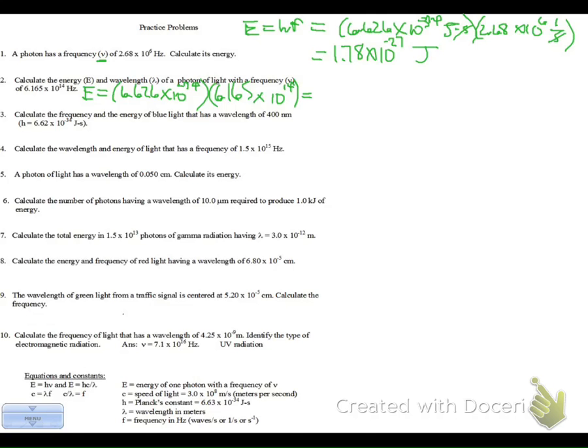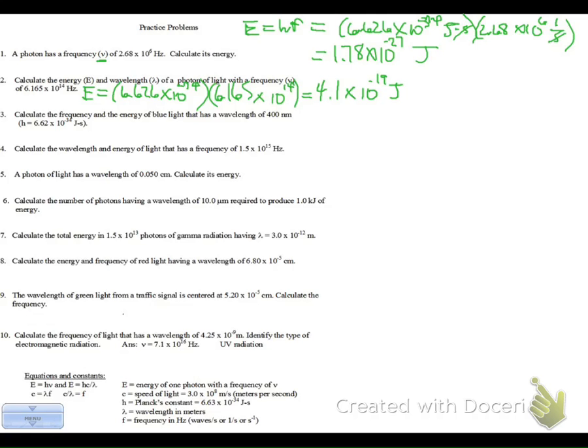And for this one, we get the energy equal 4.1 times 10 to the minus 19th joules. 10 to the minus 19th is a very common power for the photons that we deal with in chemistry. If you ever get that answer, you should feel pretty good about it.